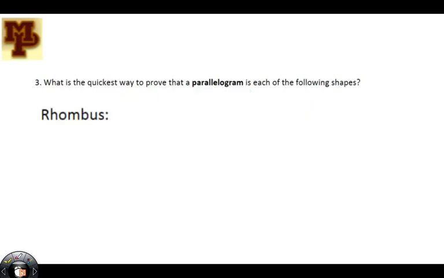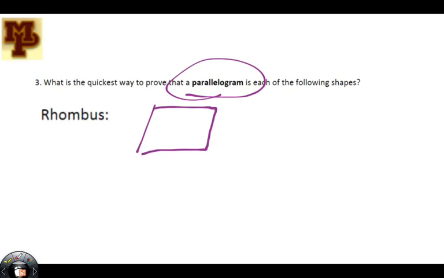Alright, next, a rhombus. You already know it's a parallelogram, so you've already got parallel, parallel, parallel, parallel. And you're wondering, is it a rhombus, meaning that all of the sides are congruent? Well, the quickest way probably is to use the fact that a rhombus has diagonals that are perpendicular.